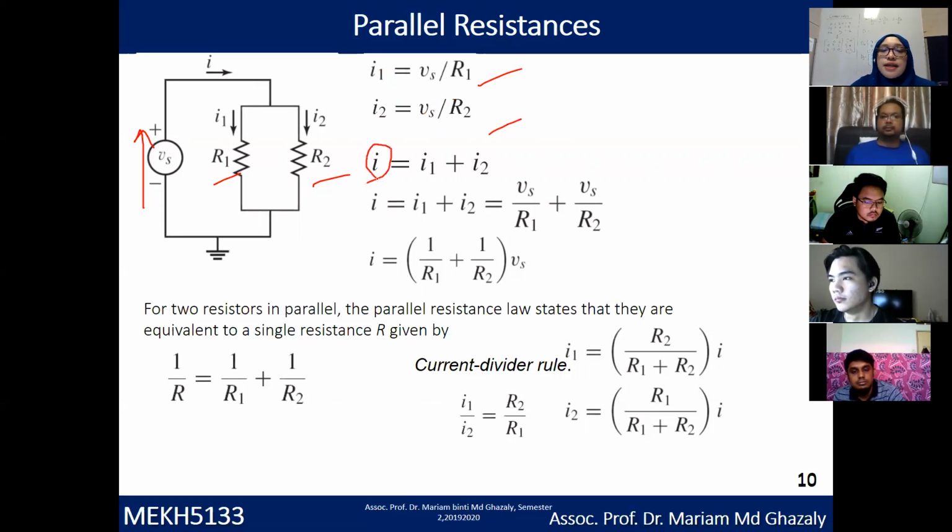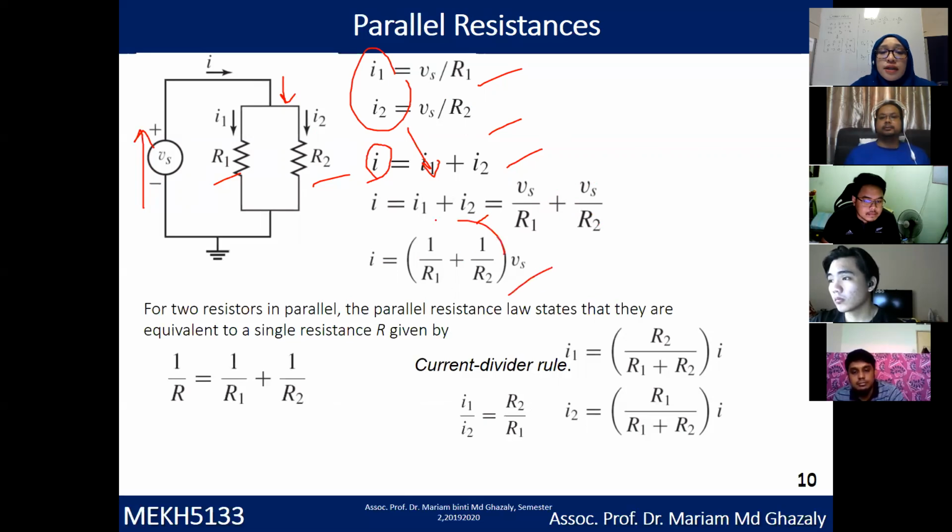Then using Kirchhoff's current law, I going in is equal to I1 plus I2. Therefore, substituting I from these two, you will get Vs over R1 plus Vs over R2, right?